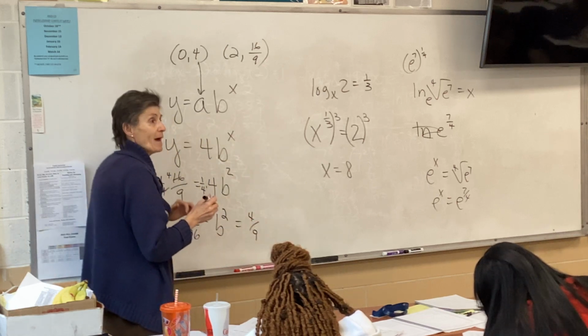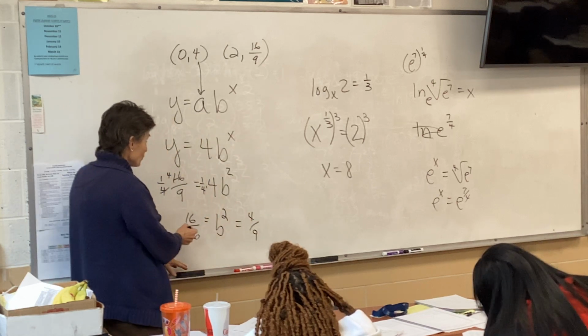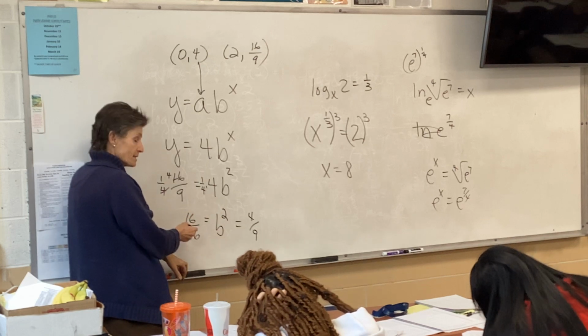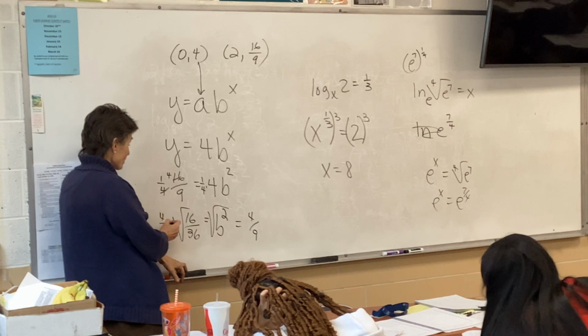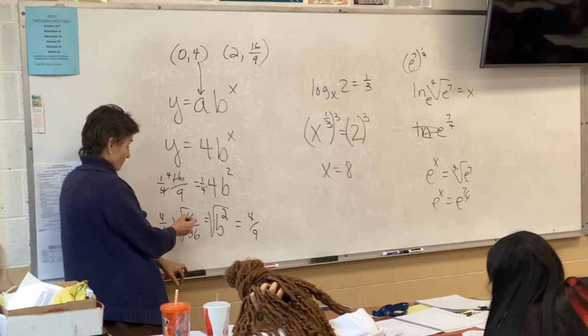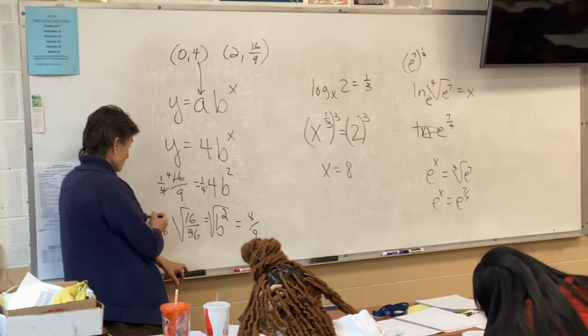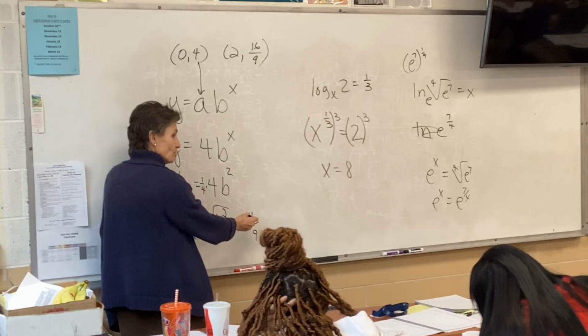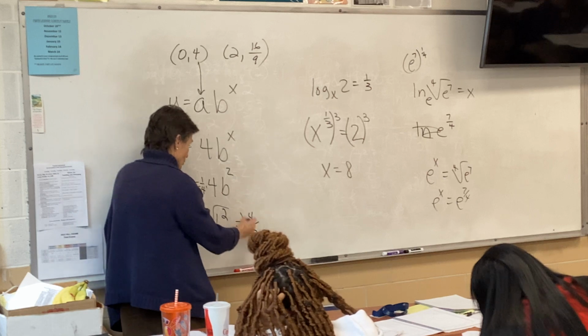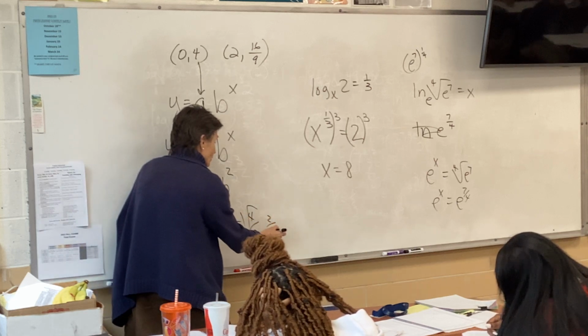Now, it isn't going to matter, because if you leave it 16 over 36 and you square root, you're going to get 4/6, which reduces to 2/3. If you say 4/9 and square root it, don't you get 2/3?